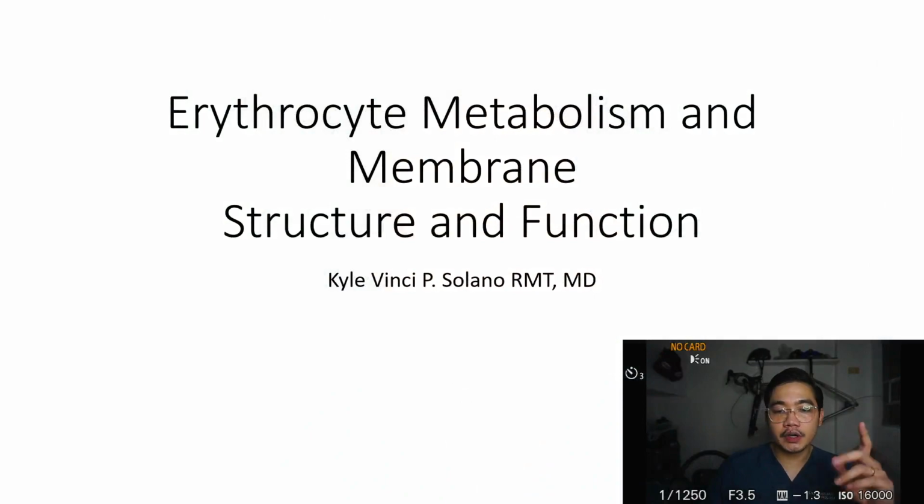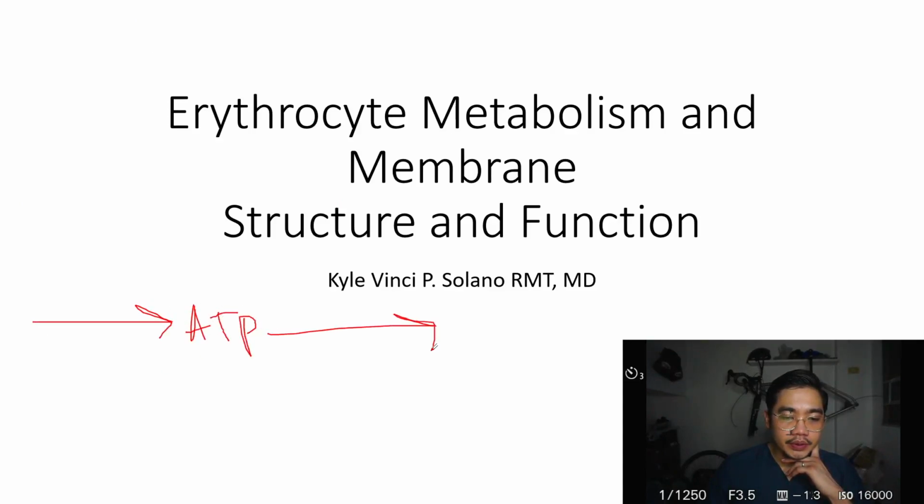And tonight we're going to talk about erythrocyte metabolism and membrane structure and function. So, we will talk about how your red blood cell produces ATP and where it uses it.